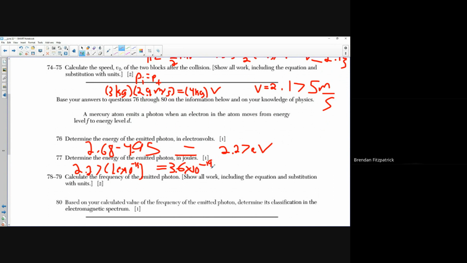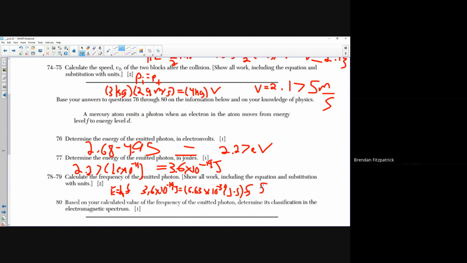3.6 times 10 to the negative 19 joules. Calculate the frequency of the emitted photon. E is equal to hf. The energy I just calculated has to be plugged in joules. 3.6 times 10 to the negative 19 joules has to equal Planck's constant, 6.63 times 10 to the minus 34 joules times a second. If you didn't write that, you could lose half the credit for this problem. Times f.